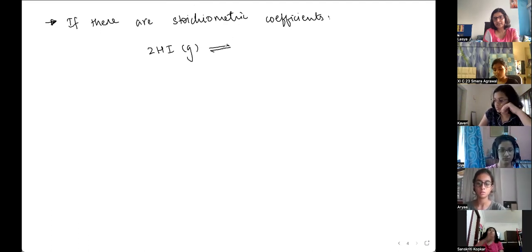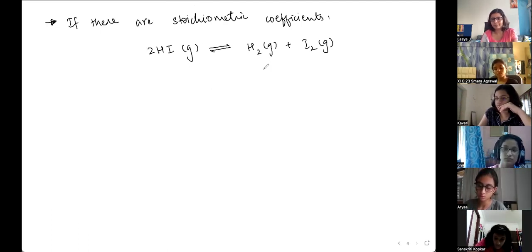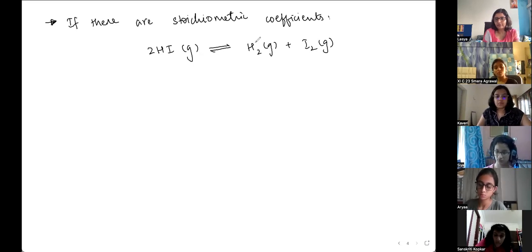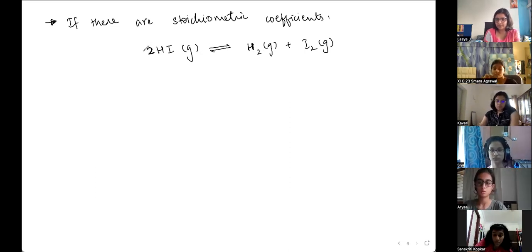So 2HI decomposes into H2 plus I2. Whenever you measure the rate of appearance or disappearance, in order for one molecule of hydrogen or one molecule of iodine to appear, this reaction requires a minimum of 2 molecules of HI to go in, right?